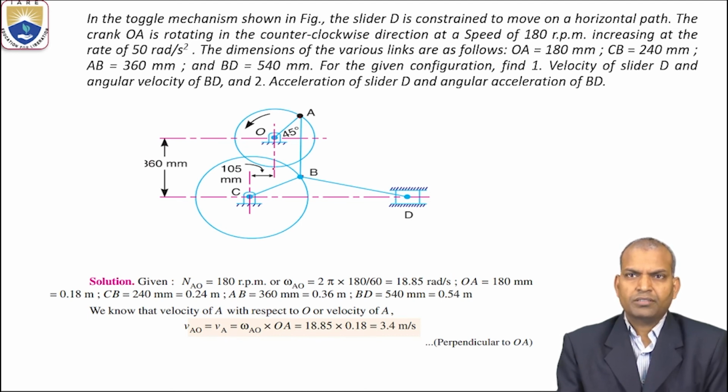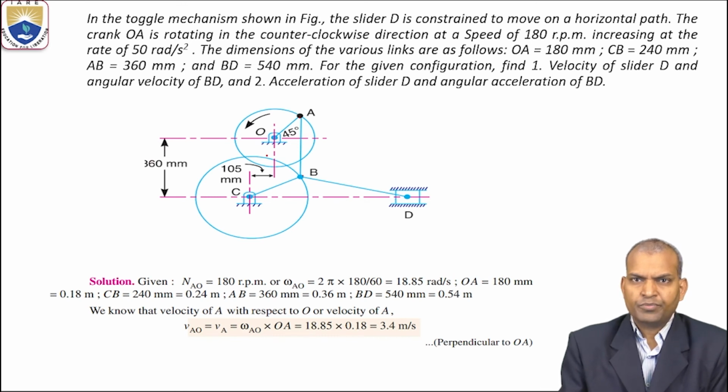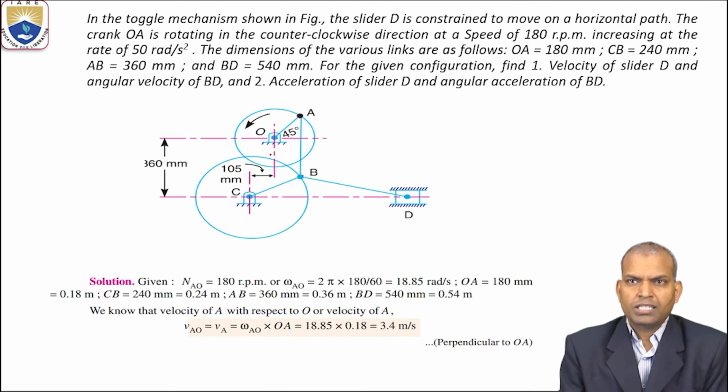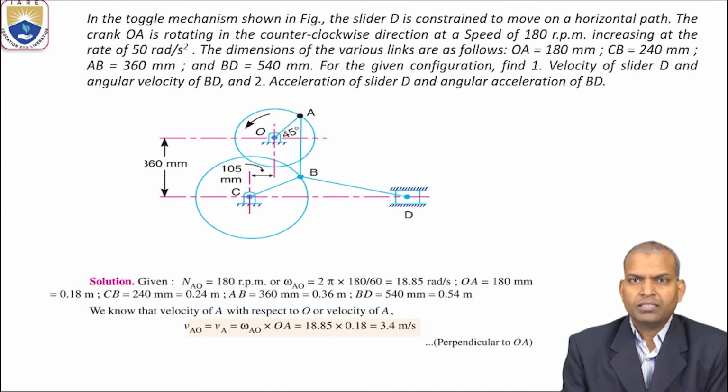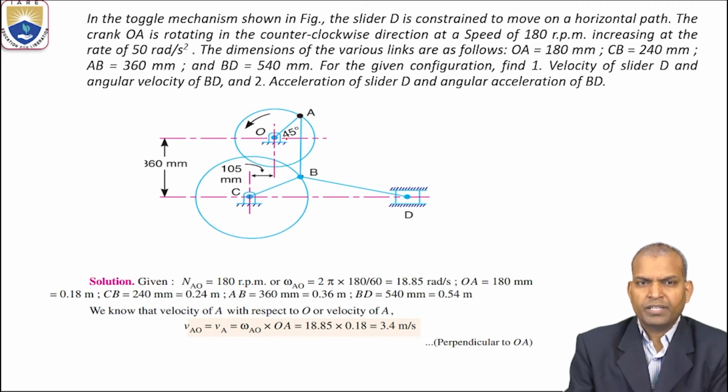So let me read the problem and see what the objectives are and what the dimensions of this toggle mechanism are. The slider D is constrained to move in a horizontal path. The crank OA is rotating in the counterclockwise direction at a speed of 180 revolutions per minute.